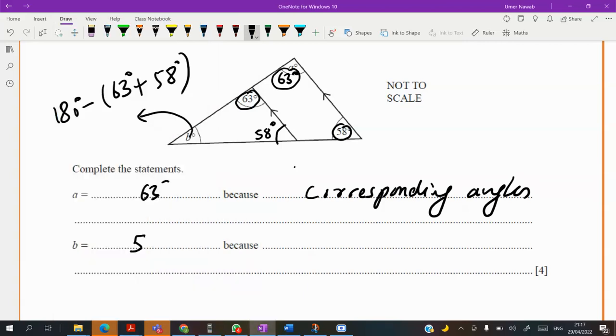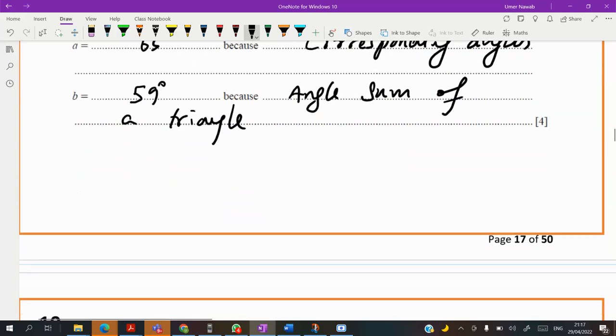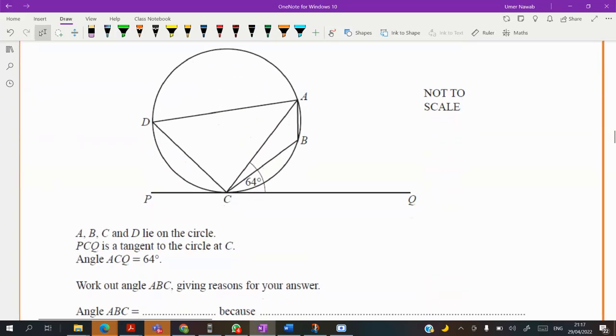So this is 59. Reason is angle sum of a triangle, which is 180.